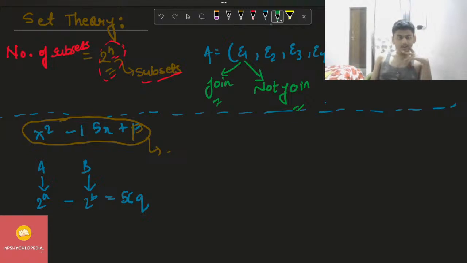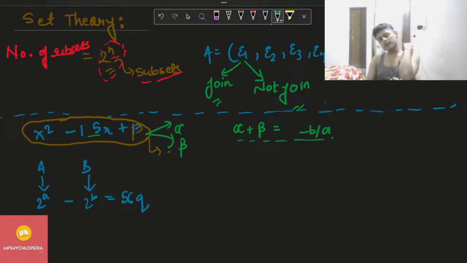So if the two roots are alpha and beta, then alpha plus beta is given by minus b by a. This is called the Vieta relation in a quadratic equation. So alpha plus beta is equal to negative of b by a, which will be here 15.